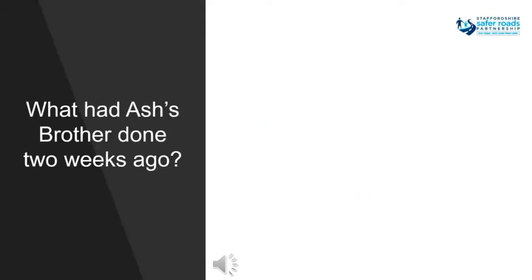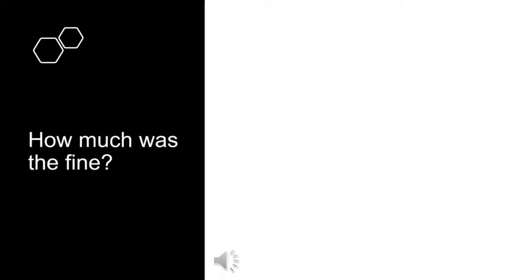Can you remember what Ash's brother had done 2 weeks ago? Hopefully you remembered that he passed his test. Why did he receive a 12-month driving ban? That's right, he was drink driving. But can you remember how much the fine was?